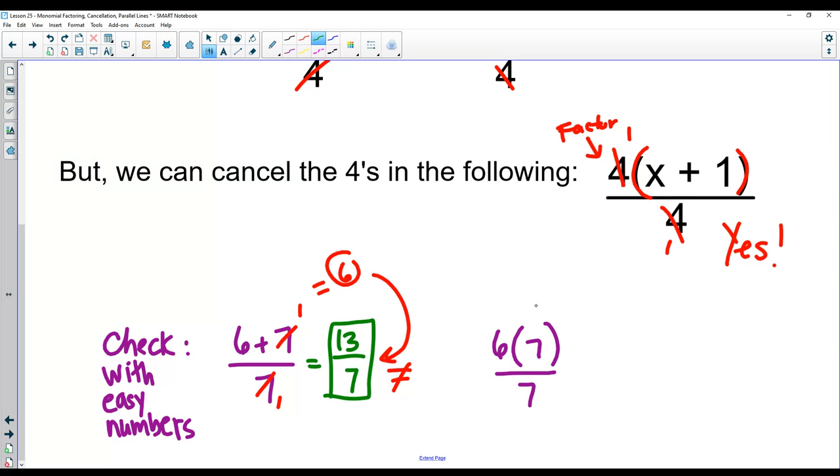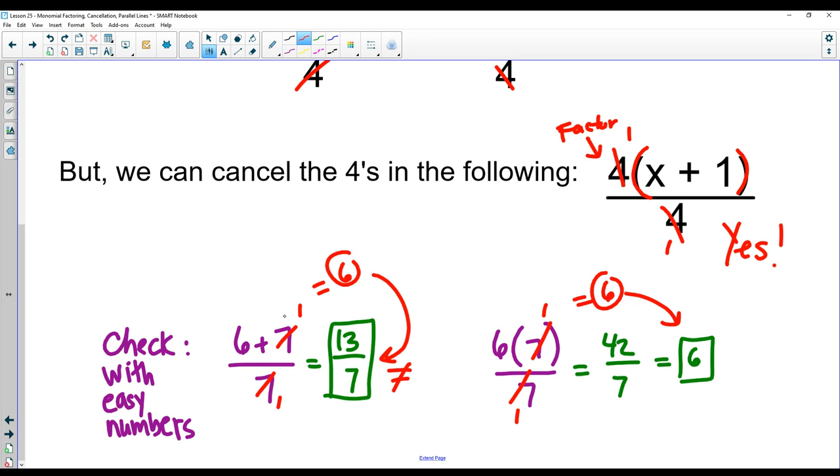Let's check out 6 times 7. Let's figure out what the actual answer is. 6 times 7 is 42, divided by 7 is 6. That's the actual answer. What happens if we cancel? Everything's factored here, right? Factored form. Stuff's being multiplied. So 7 goes into 7 once here, once here. Numerator, I have 6 times 1 for 6.